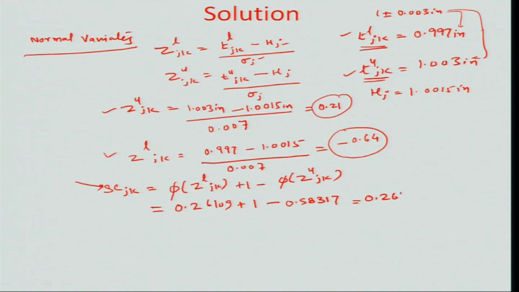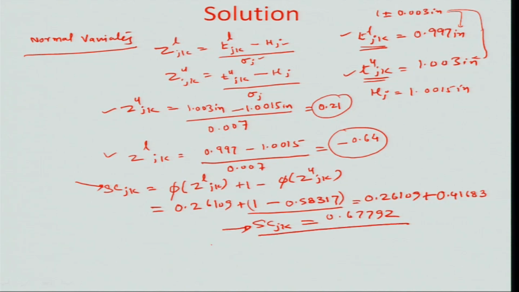So 0.26109 plus 1 minus this whole 0.58317, which becomes 0.41683, and therefore the total scrap fraction in this particular case comes out to be 0.67792. That is how you have arrived at the scrap fraction.